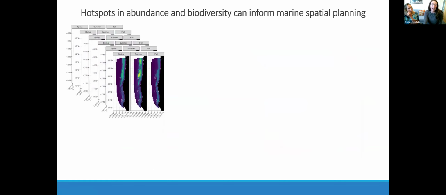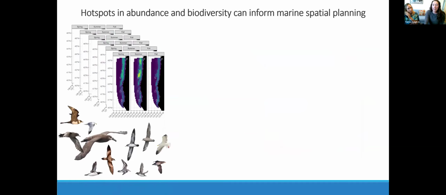So if we can think about layering all of these different distribution maps for a whole lot of different species, for example, our 22 focal seabirds, we can use these layers to look at where there are hotspots in biodiversity, or hotspots of animals. But that begs a really important question, which is, what is a hotspot?